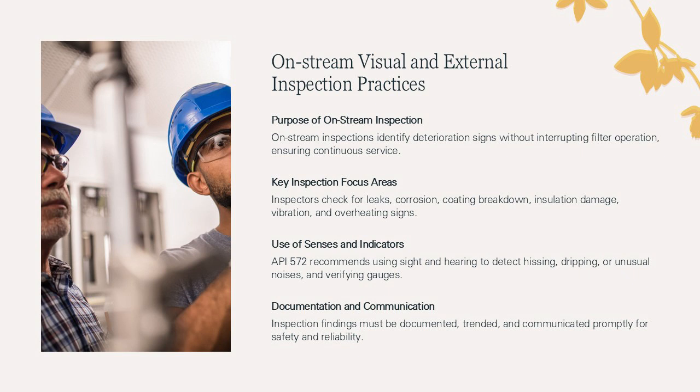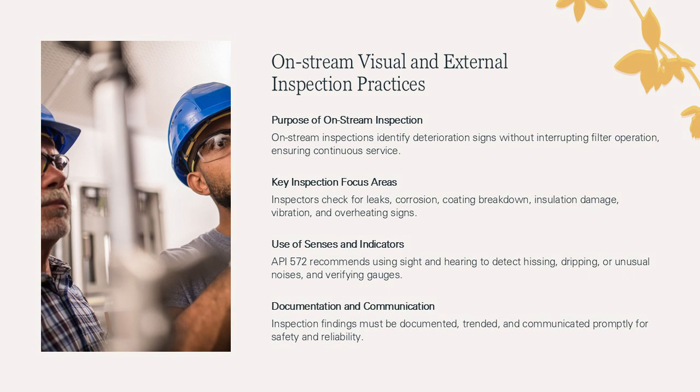Inspectors should conduct external visual inspections to check for leaks, corrosion, coating breakdown, insulation damage, abnormal vibration, and signs of overheating or process excursions. Particular attention should be given to flanges, covers, bolting, drain connections, and welded joints.